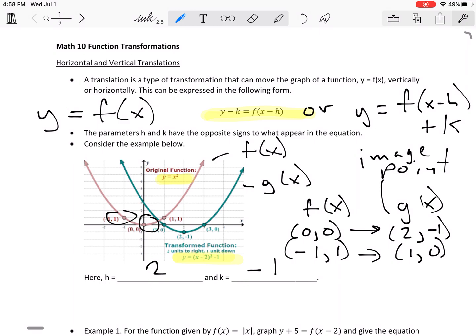If we keep using an endless amount of coordinates, what you notice here is that your original coordinate (x, y) follows a pattern: your x coordinate keeps going to the right by 2, so x + 2, and your y coordinate keeps decreasing by 1. So that's the pattern that exists between the original function and the new translated function.